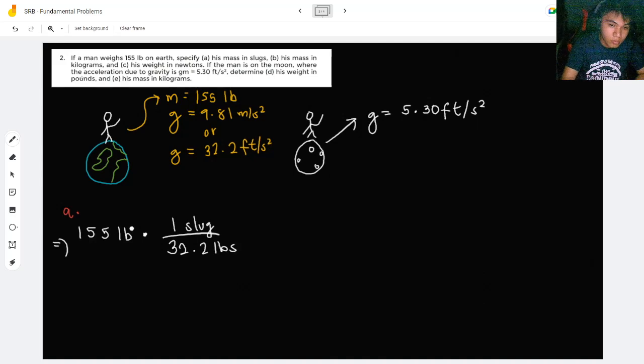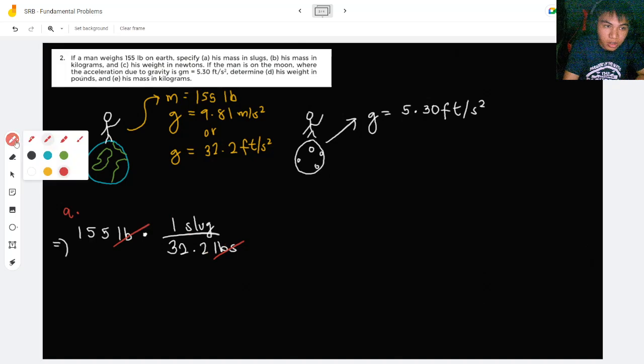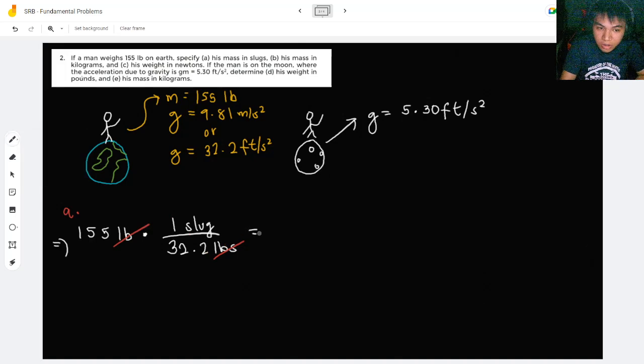So we can cancel these units, and by solving this we will end up with an answer of 4.8136 slugs, or we can approximate it further to 3 significant figures, 4.81 slugs.